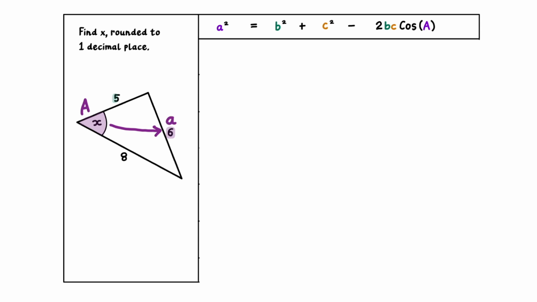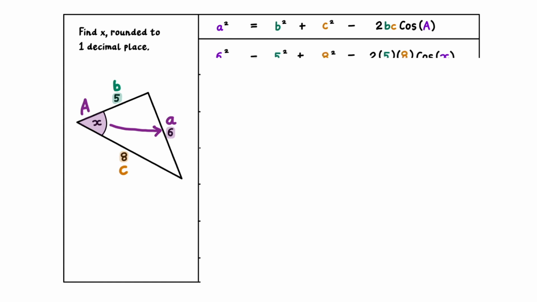The other two sides are labelled with B and C. This can be done in either order. Here, we have capital A equal to x, a equal to 6, b equal to 5, and c equal to 8.